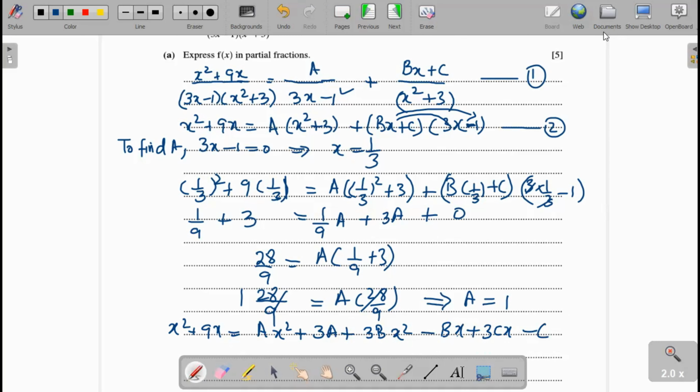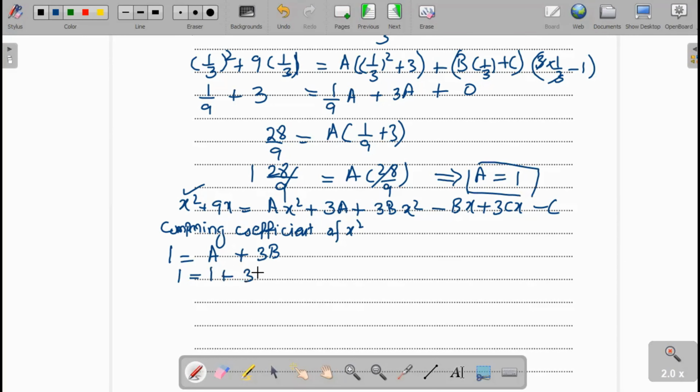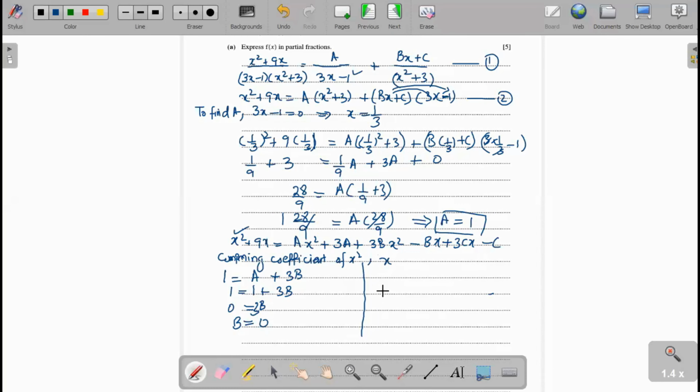And the next is comparing the coefficient of x squared. Here the coefficient of x squared is 1, and on the other side the coefficient of x squared is a plus 3b. Now we put the value of a, which is 1, so we get 1 equal to 1 plus 3b, and b will be equal to 0.